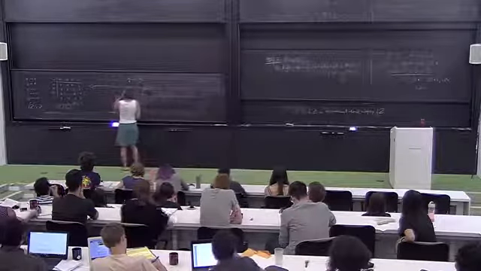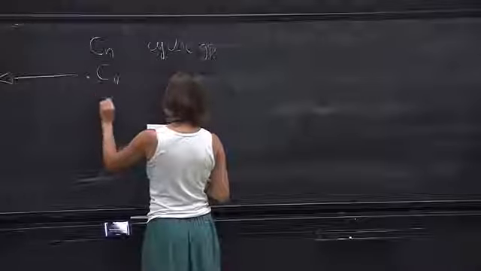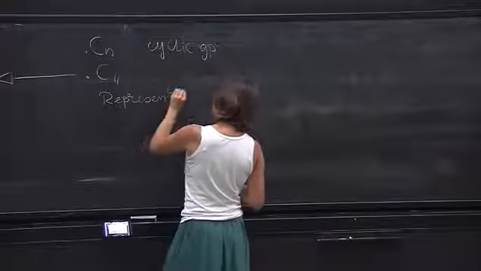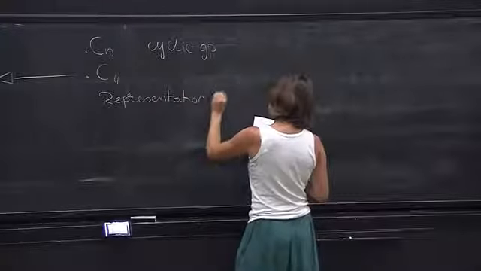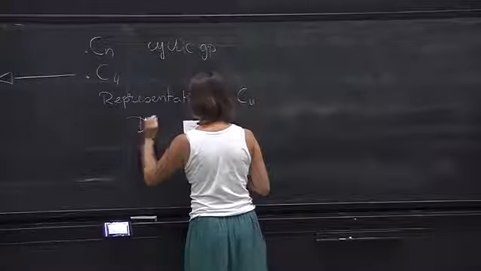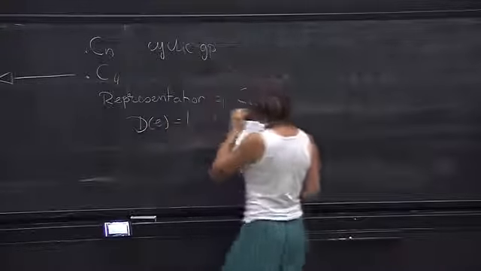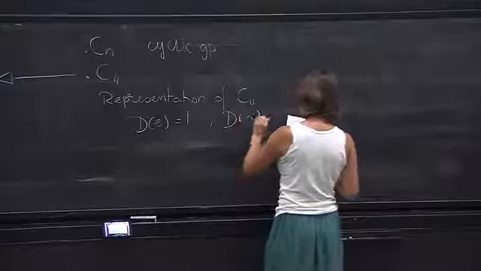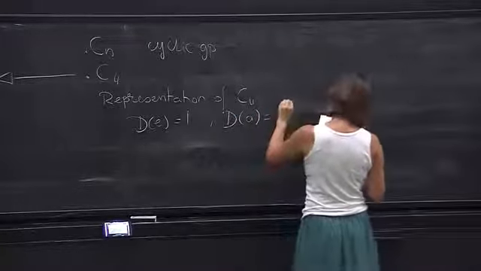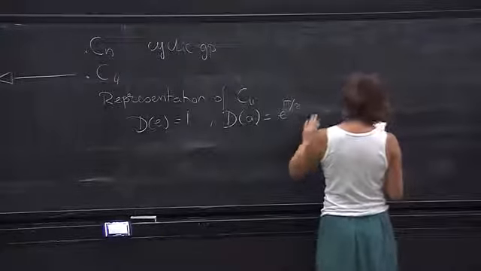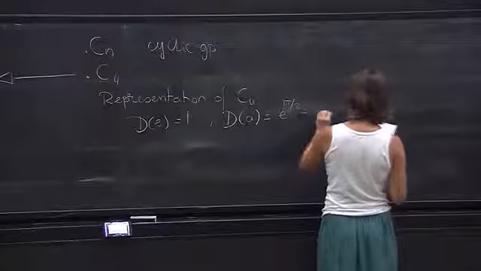So what would be a representation of C4? Here you can check that, of course, the identity has to be number 1, but then we could represent A, so this is just i.